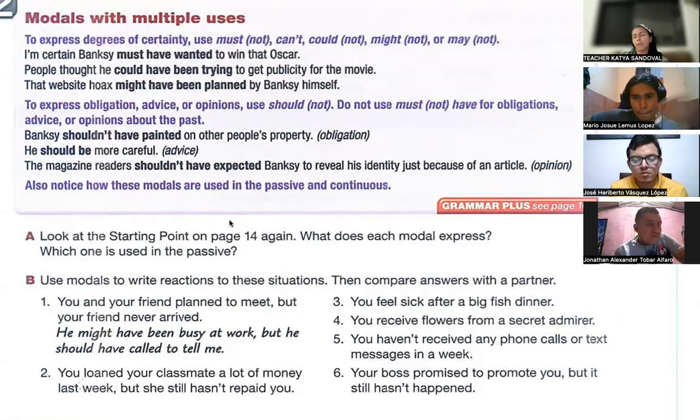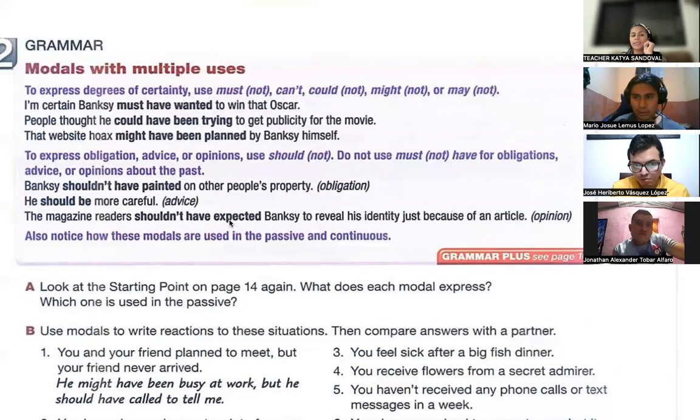But remember, what do you want to say in Spanish? Ella no ha tenido nada de dinero. Aha. But remember, what you want to express, in this case, can be an obligation, an advice, or also an opinion, okay?